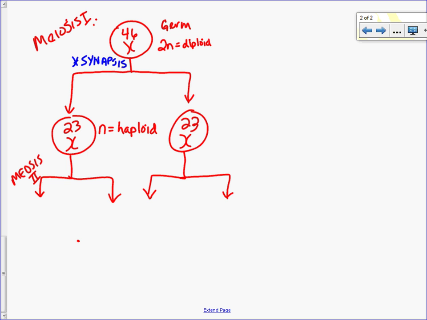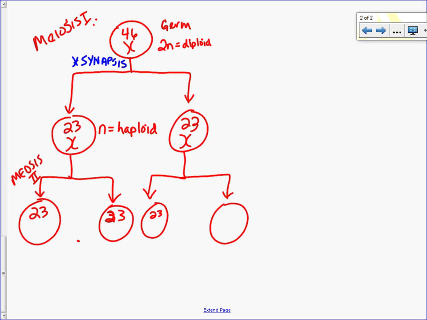And we come out with 4 cells now. 4 cells that now have one chromatid from each of the chromosomes. So it's 23 chromatids instead of 23 chromosomes.